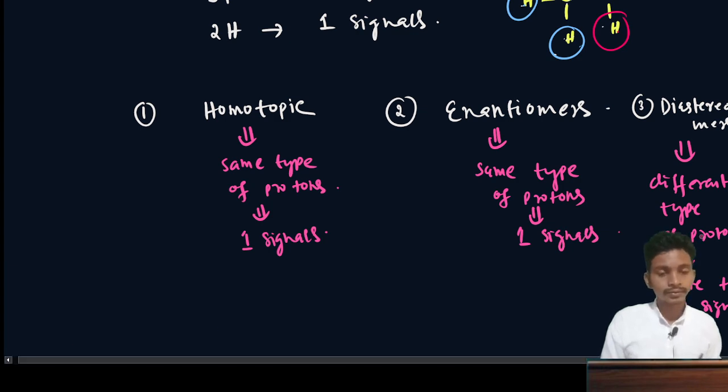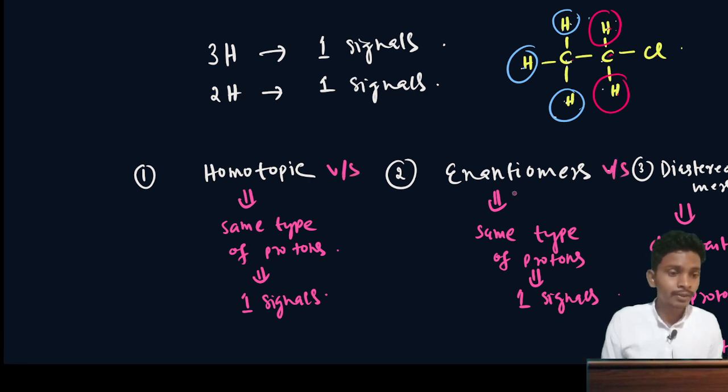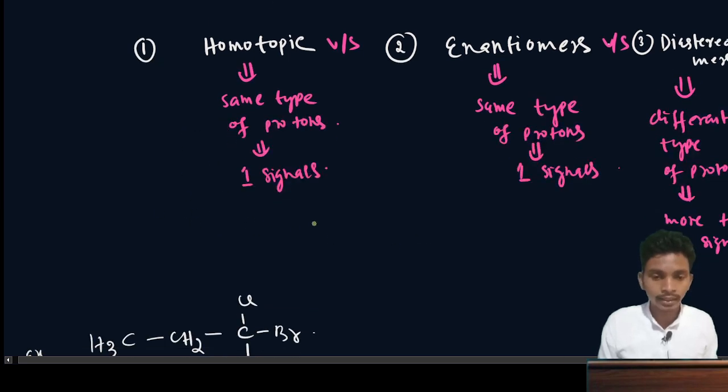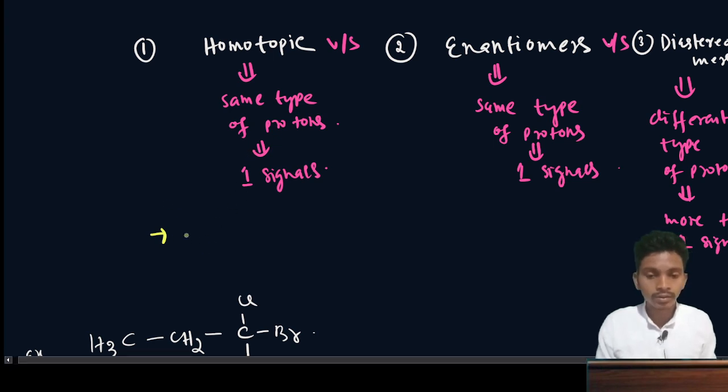Now the question is, how will you distinguish which is homotopic and which is enantiotopic? What is the difference between them? Generally, for homotopic protons, we look through an axis of symmetry.